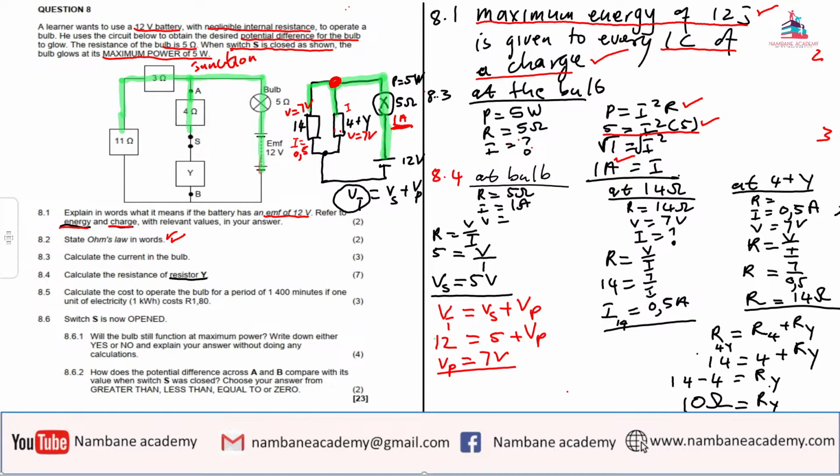Calculate the current in the bulb. Yeah, the 12 volts, and then my answer just went downhill from there. Okay, so how do we correct it moving forward? As you said, analyze the diagram more and try to understand the question. Okay, thank you very much.